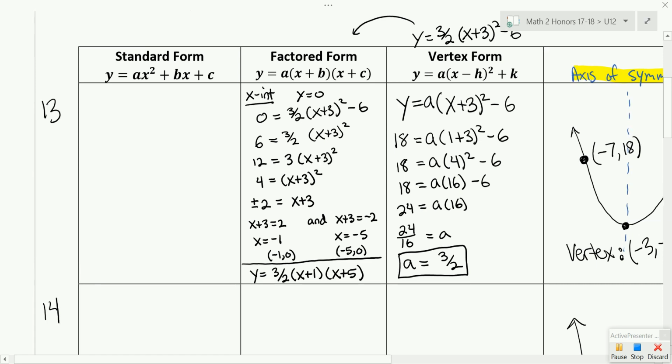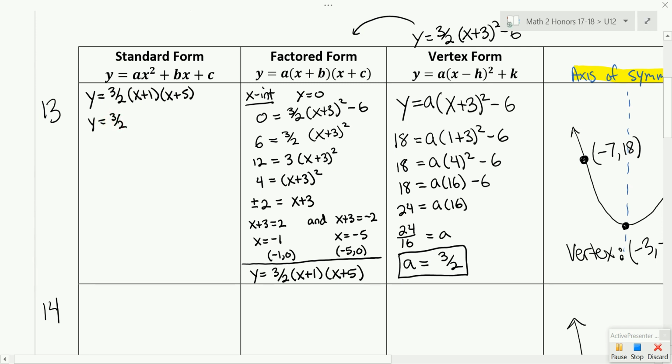Standard form, we have to multiply something out, but you get to choose. Does it look easier to multiply the vertex form out or the factored form out? Factored form looks a little easier. I'm going to do that one. So I'm going to leave the 3/2 alone until the very end.